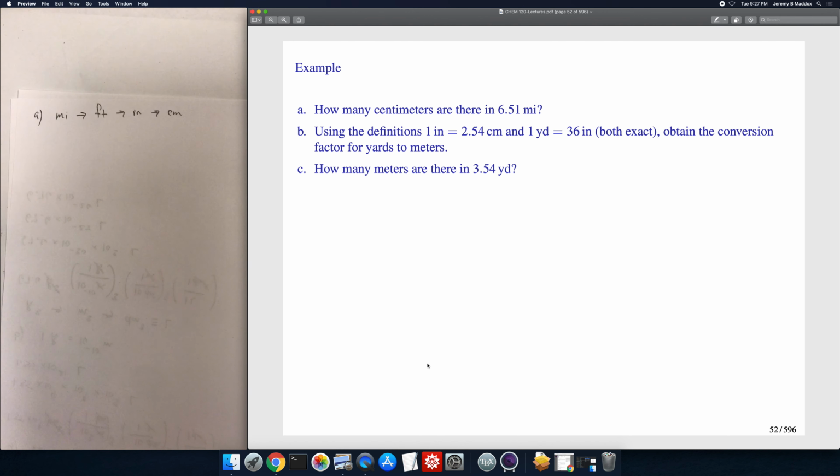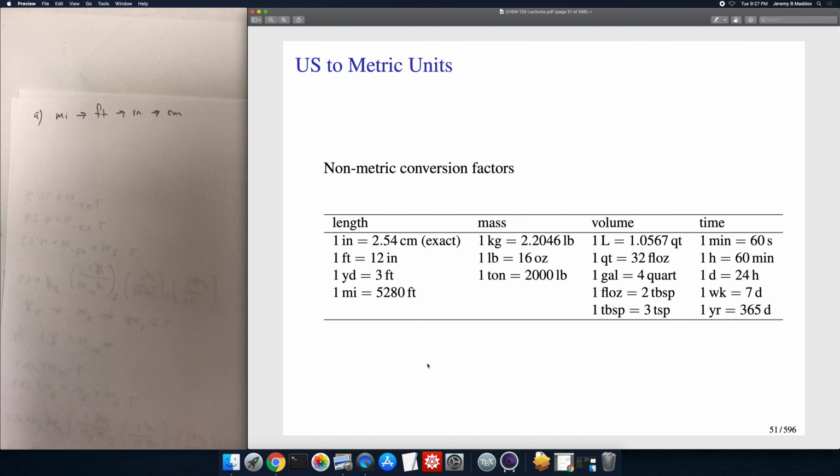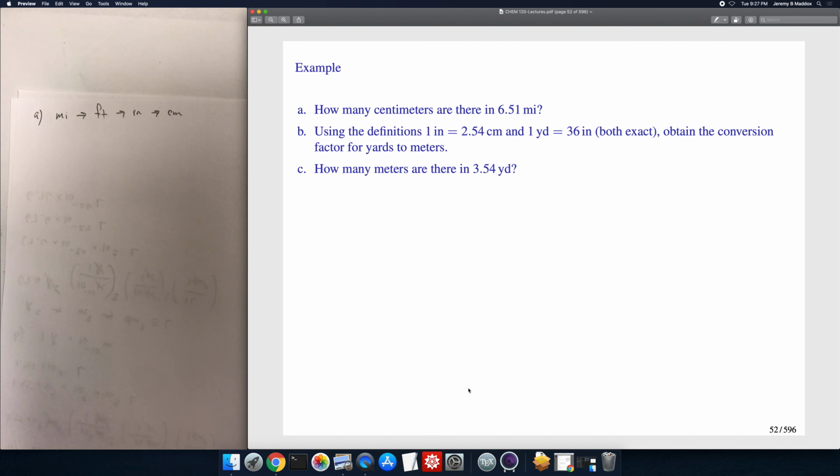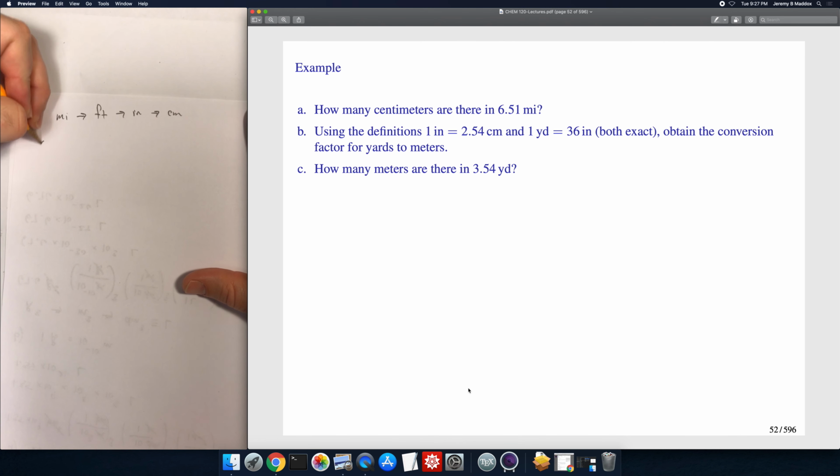And you would make use of the conversion factors that are here on the previous slide. So you would use this conversion factor to convert from miles to feet. You would use this conversion factor here to convert from feet to inches, and then you can go from inches to centimeters. Okay, so we'll start with what we have, the 6.51 miles.